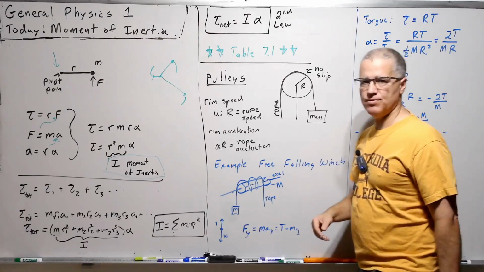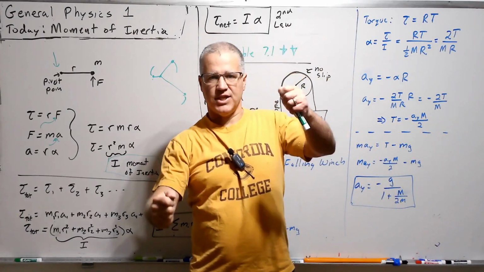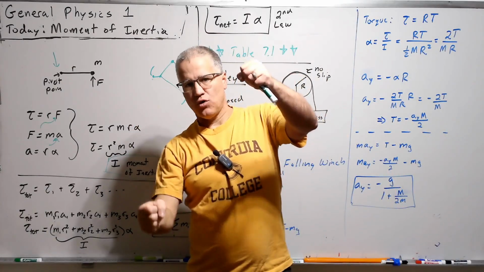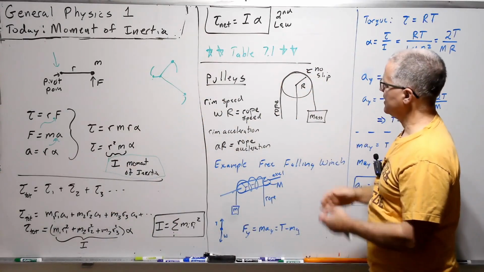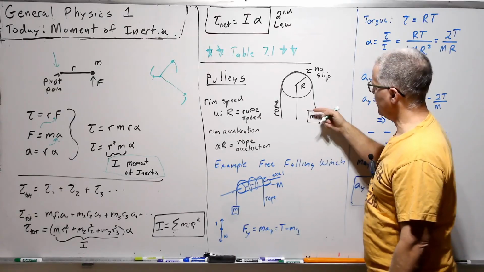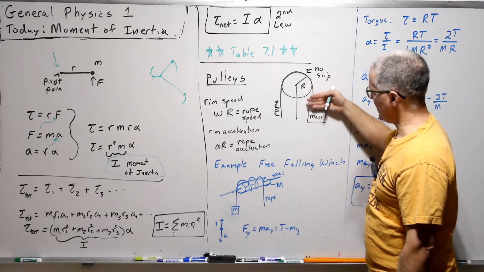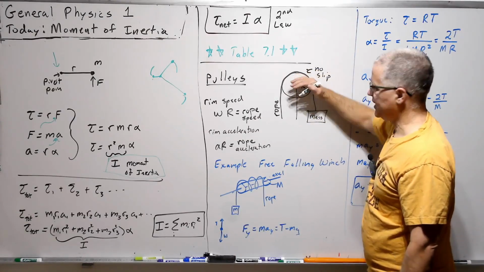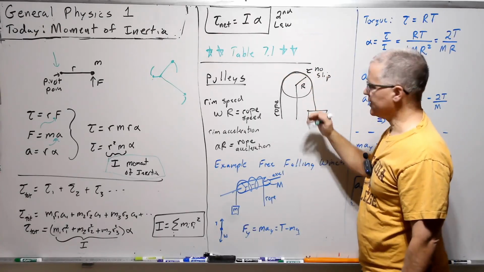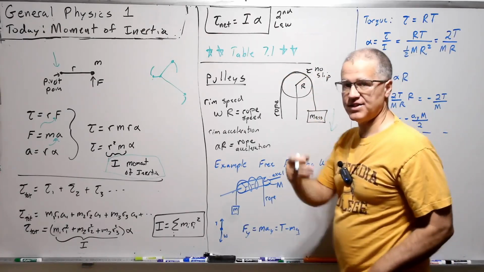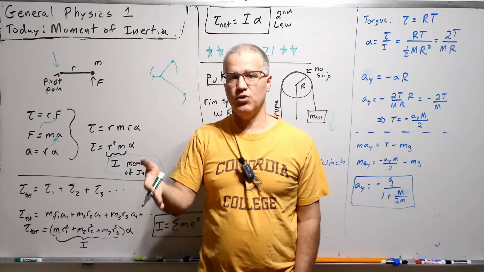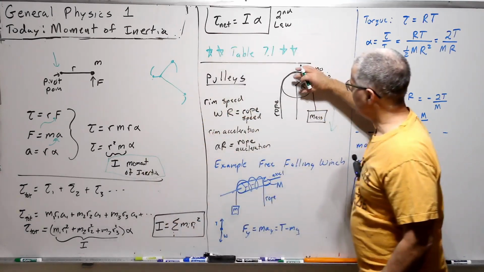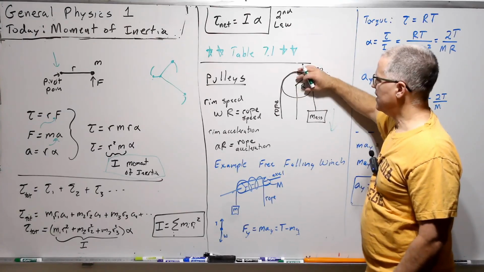We always assume in a pulley that there's no slipping of the rope. So as the rope moves, the pulley disc turns. And so if we hook this up to a mass, we could see this mass drop and rotate this disc. So this falling mass, falling in a linear direction, because of this rope pulley system, will initiate a rotation of this pulley.